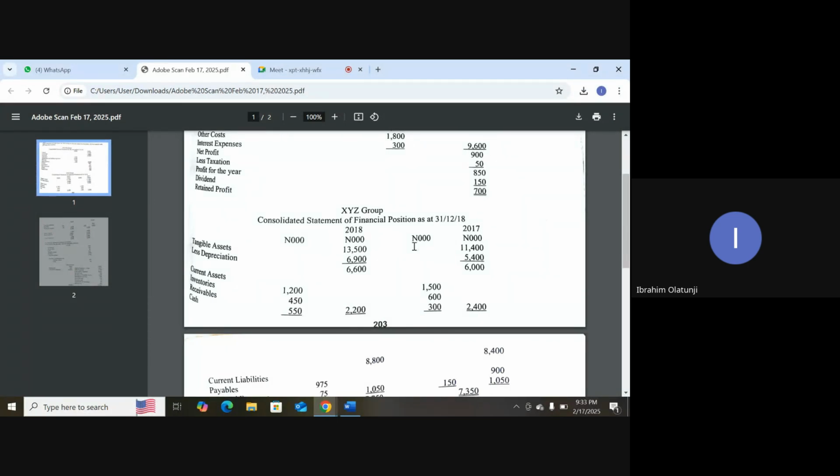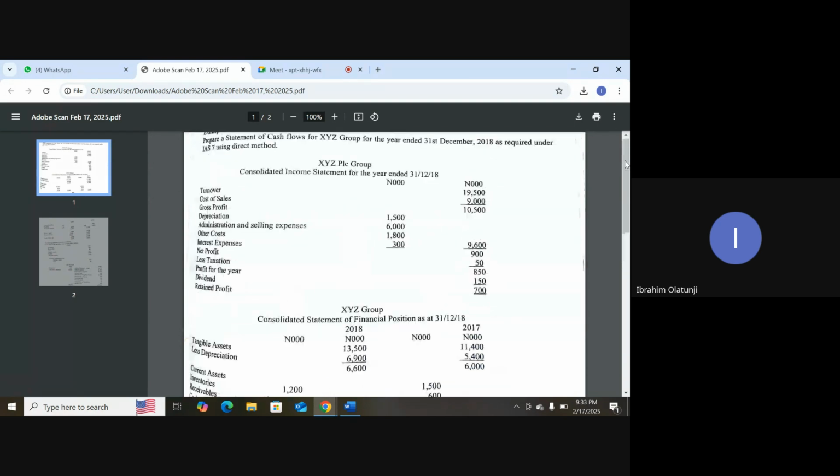In exam condition, this is how the examiner will give it to us. Any information that you need in your statement of profit or loss, you go there and pick it. Any information that you need in your statement of financial position, you go there and pick. That is, we have balance sheet items and P&L items.